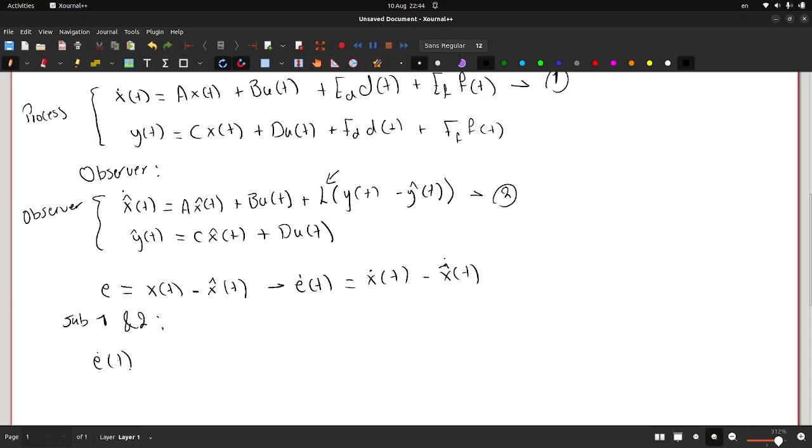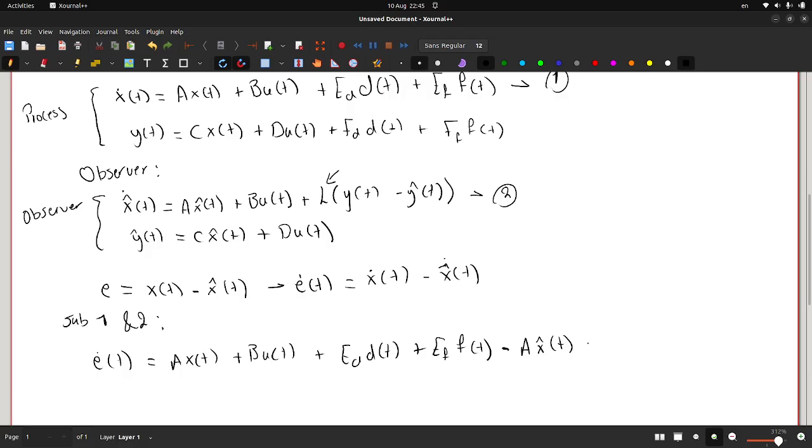So e dot of t equals A x of t plus bu of t plus ed times disturbance plus ef times the fault, minus x hat dot of t, which is minus a x hat of t minus bu of t minus l times y of t minus y hat of t.